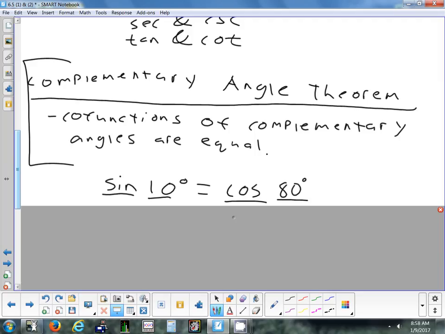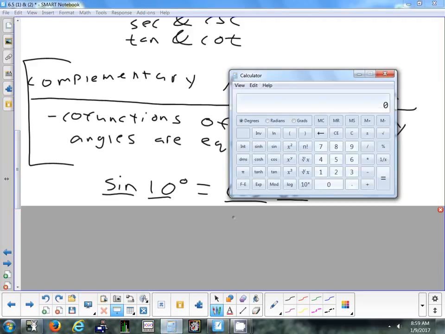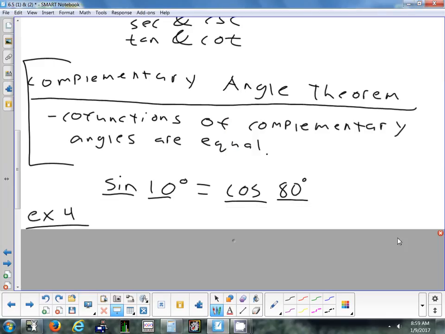So if I type both of these into a calculator, they should come out what? Yeah, they should come out equal. Okay, cofunctions of complementary angles are equal. And you could check it. The sine of 10 is 0.1736. The cosine of 80 is 0.1736. Okay, so they come out the same.